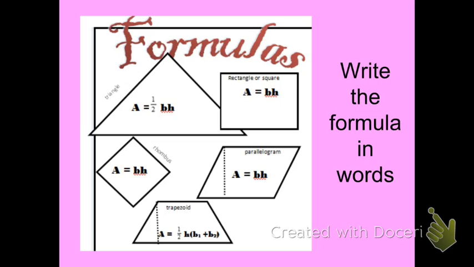Okay, so you have some formulas. And I want you to look at the formulas inside of your foldable for a second. And I just want you to make some observations. So look at that for a minute. And in a second, I'm going to ask you for some things that you notice about those shapes and their formulas. Okay, so we really only have 3 formulas that we're going to be working with. This one is a triangle.